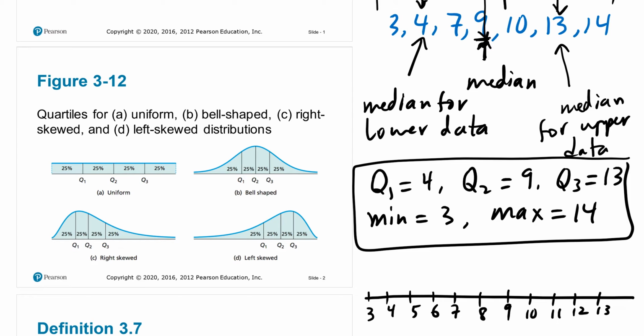We include all the numbers regardless of whether we're going to use them or not. That's the lowest part of the data, the minimum, and this is the maximum. We put dots at these, and then 4 was the lower quartile or first quartile, 13 was the upper quartile, and 9 was in the middle.